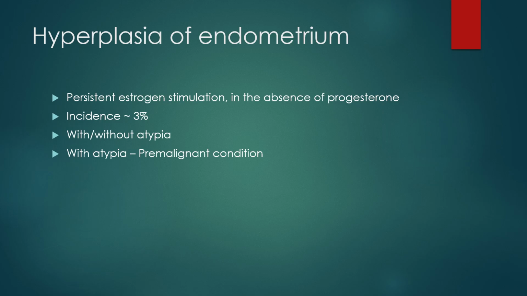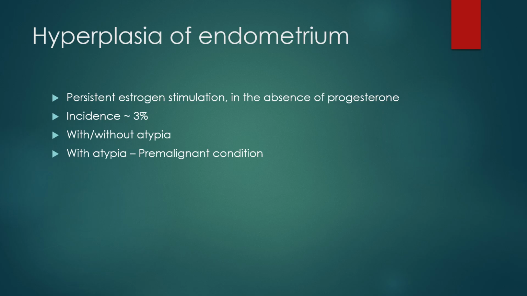When there is no ovulation, there is no production of progesterone, and there is unopposed persistent stimulation of the endometrium by estrogen, which can lead to undue proliferation, leading to hyperplasia, and if persisting, there will be atypia, leading to carcinoma endometrium.